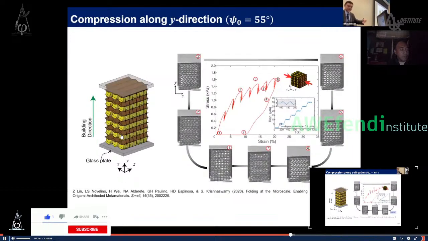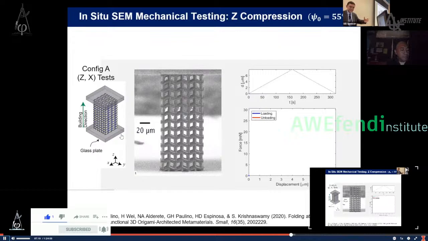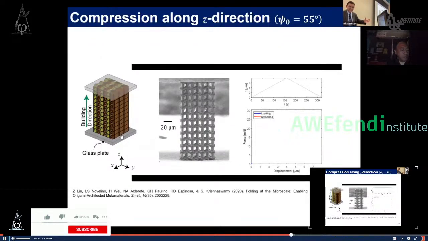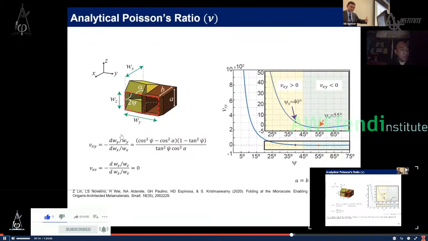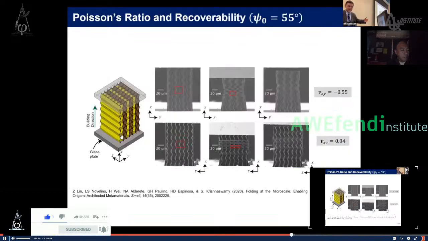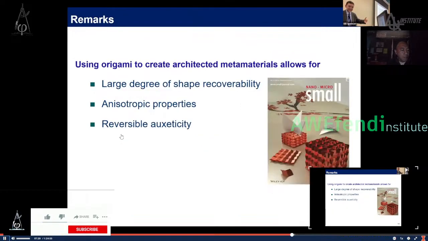And that is a very interesting property. In this direction, for example, we are going to have a hardening behavior. And we can also explore some change of Poisson ratio at the micro scale, and we did that.